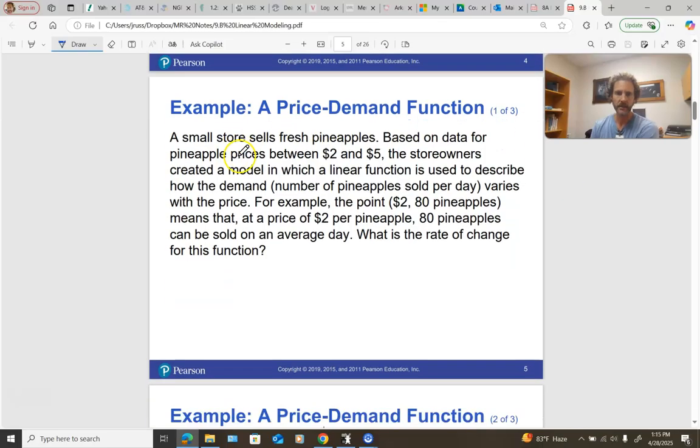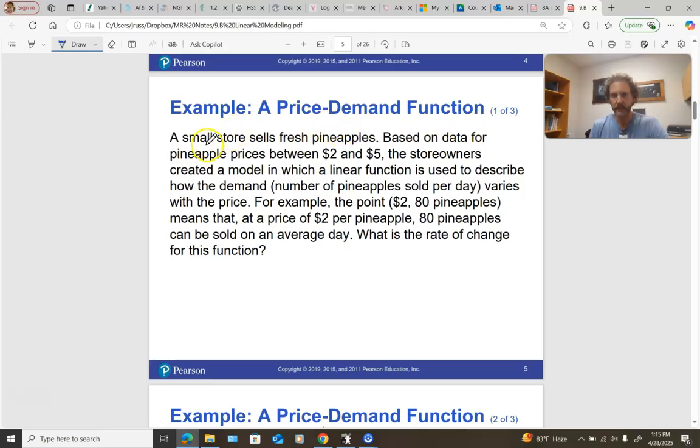So this is a price demand function. You guys remember, we've talked about this previously. That is, if the price of a good increases, the demand will decrease, and vice versa. Okay, so a small store sells fresh pineapples.